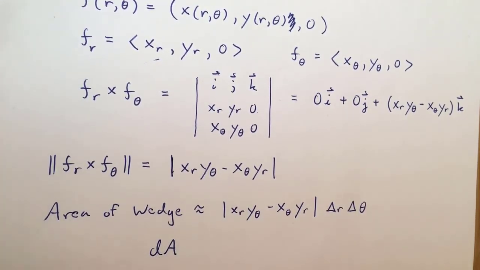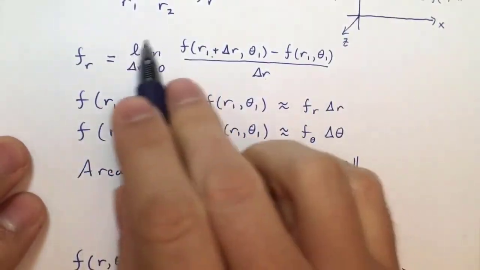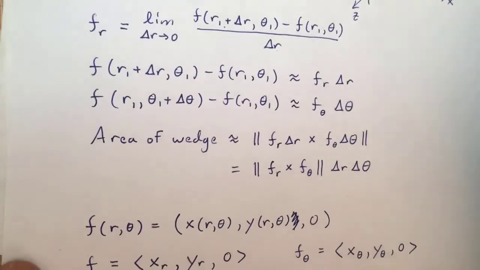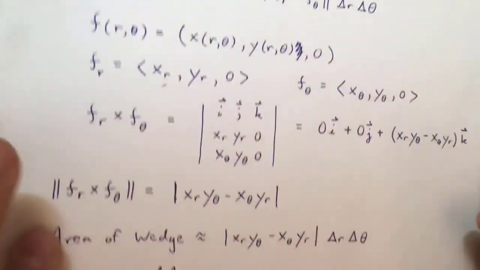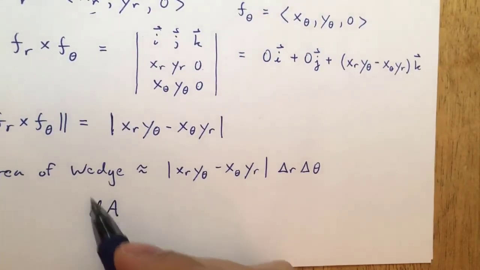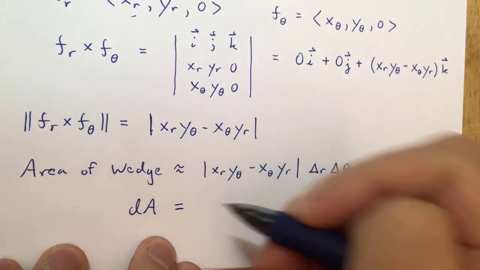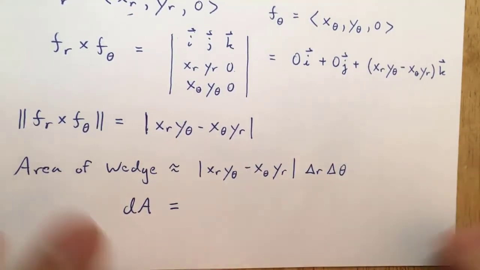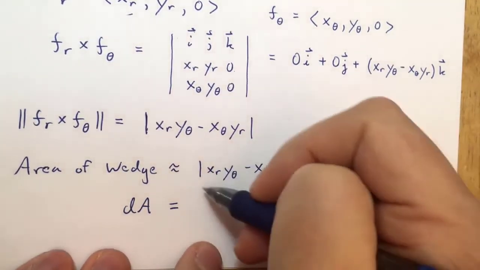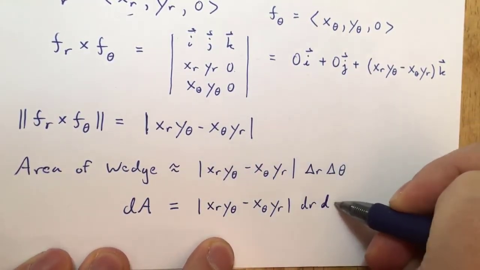So after we take that limit, all the delta r's become dr's. That's the notation we use, and a small area becomes dA. I'm washing over the analytical details here, but this becomes dr d theta.